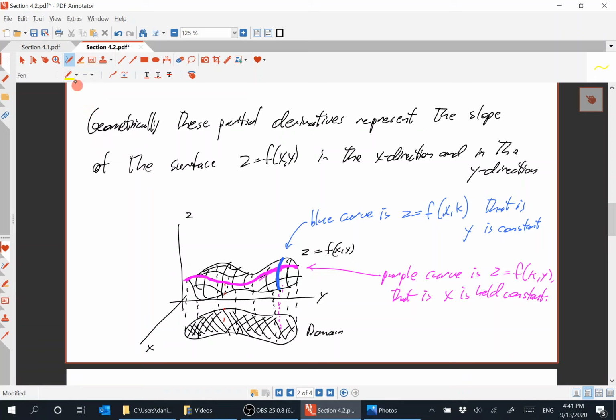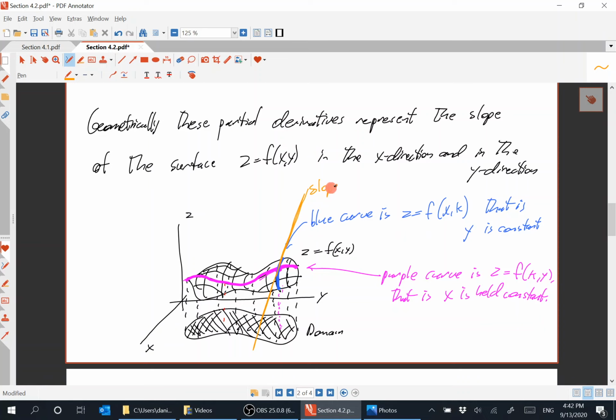Let's see, should we make them... Yeah, so the slope of the orange line is the slope of the blue curve.